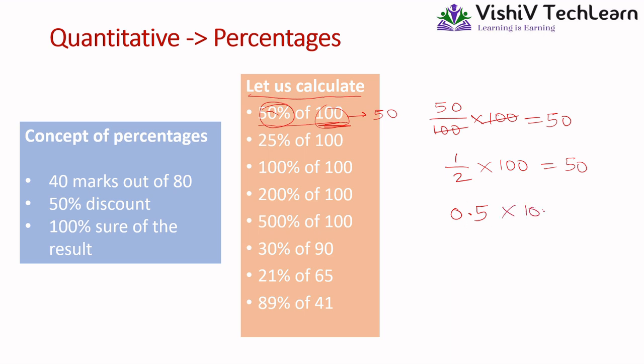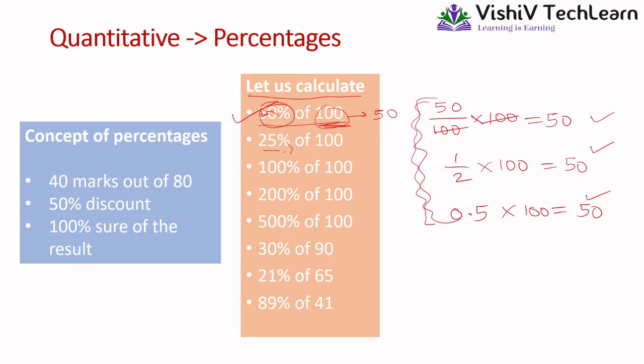So 0.5 multiplied by 100 gives the same answer, 50. In short, there are different ways to calculate the same thing, 50% of something, and as per your convenience and habit, you can use any method. The only thing is we should get the correct answer, right?